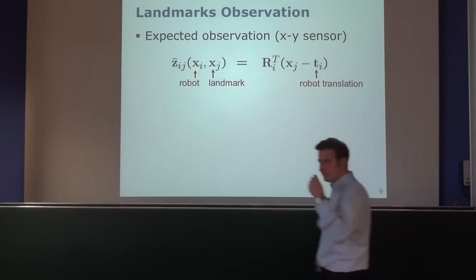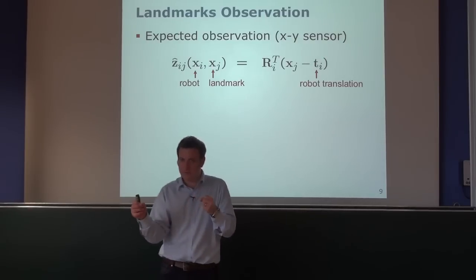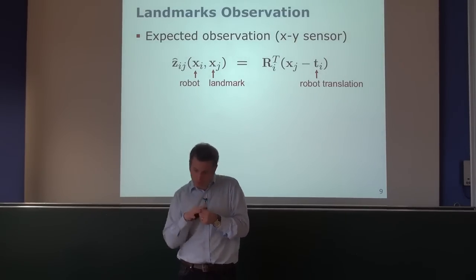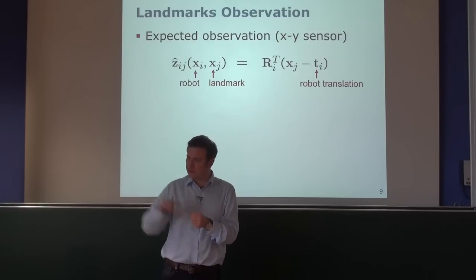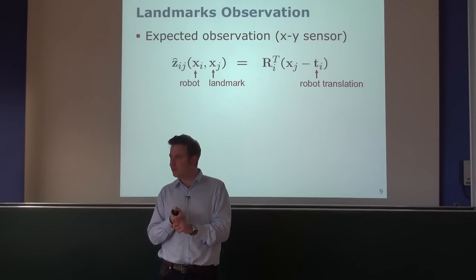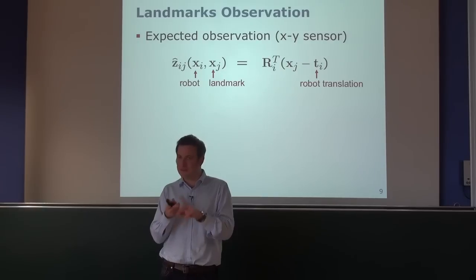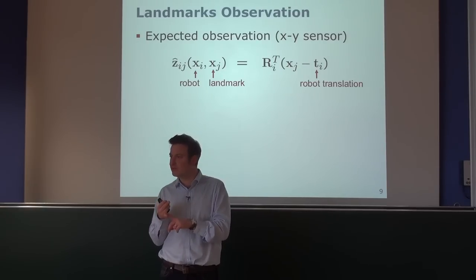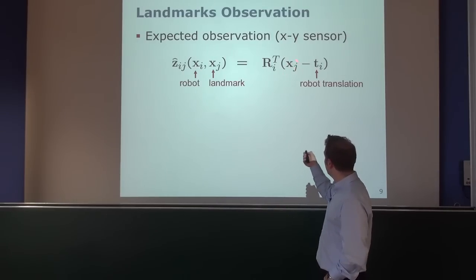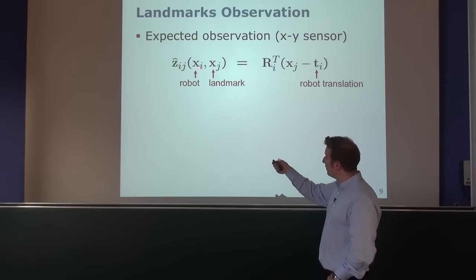Okay, so I have the current configuration of the graph, and what would I expect to measure there? It's how the robot sees the landmark in terms of delta x, delta y, which takes into account where the robot is in the global reference frame, where the landmark is in the global reference frame, and what the orientation of the robot is. So this is the position of the landmark in the global reference frame. This is the xy part of the robot's pose.